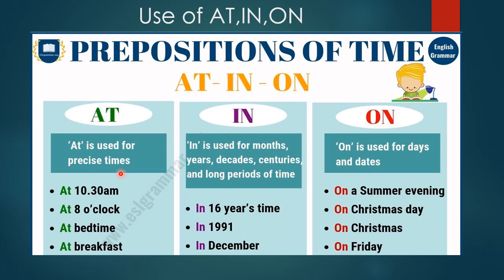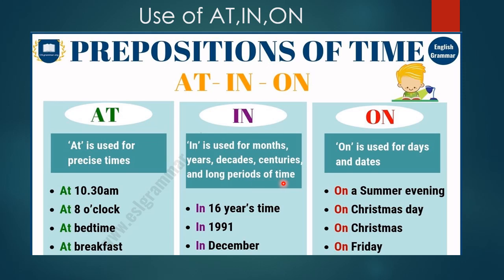That is an accuracy, that you will be leaving at 9 o'clock, isn't it? So at is used for precise time. For example, at 10:30 a.m., at 8 o'clock, at bedtime, at breakfast. Clear? And moving next to in: in is used for months, years, decades, centuries and long periods of time.